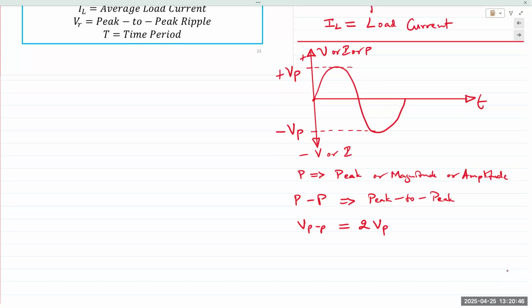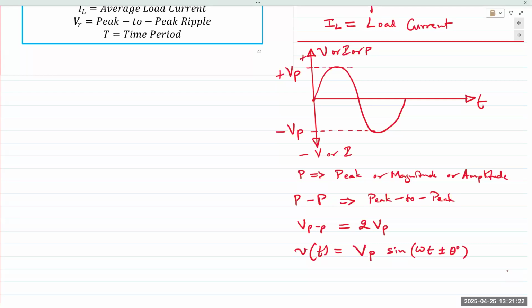Sinusoidal waveforms are represented as a time varying signal as V of t equals VP sine of omega t plus or minus theta. Trigonometric identities, either sine omega t or cos omega t. T is the variable because we are plotting the voltage as a function of time. Omega is the angular frequency or the angular velocity, equal to 2 pi f.